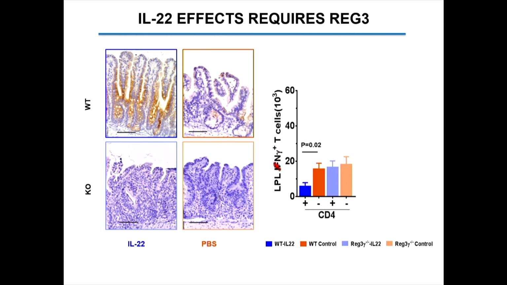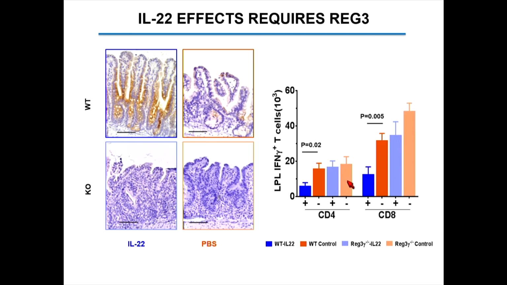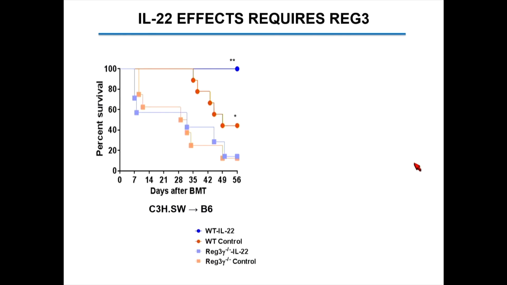Here, these are the interferon gamma positive T cells, which are a marker of effector cells in the gut. You reduce them in the wild-type animals, but you don't change them in the knockout, both for CD4 positive cells and CD8 positive cells. Both of them go down in the wild-type, but not in the knockout. And as a result, you can rescue these mice.